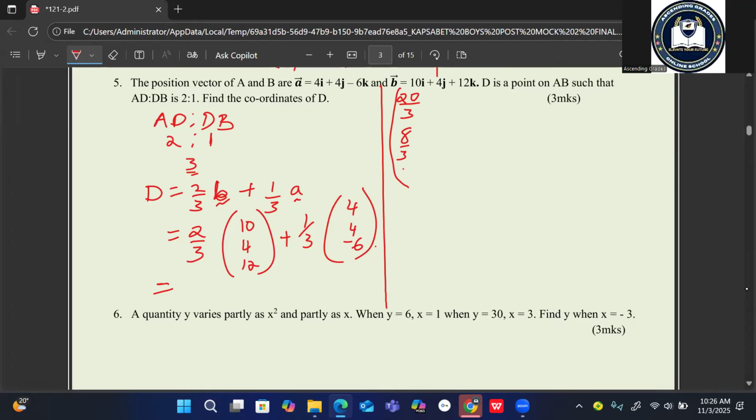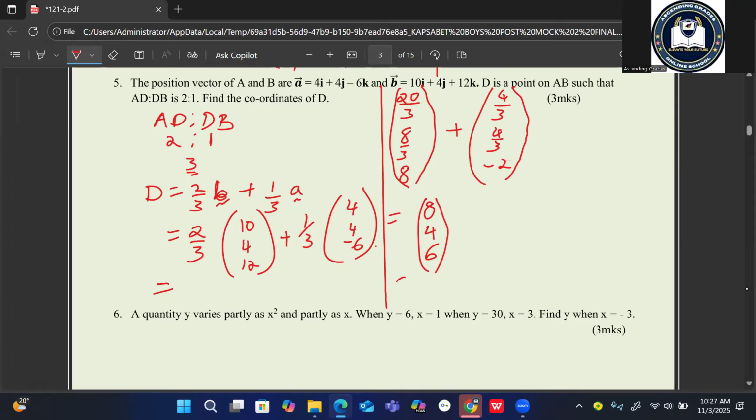So it gives you 8. Then we add a third of 4, 4, -6. So it gives that the first one is 4 out of 3. The second one is also 4 out of 3. The third one is -2. So upon adding that one, it gives you 8, 4, and 6. So that is the coordinates of D.